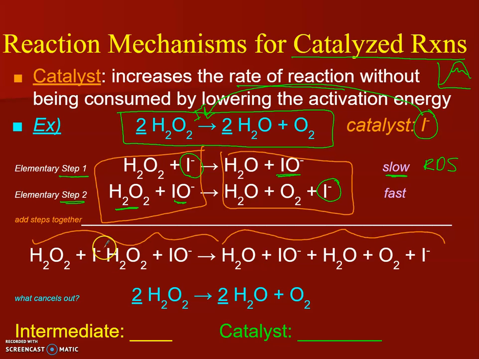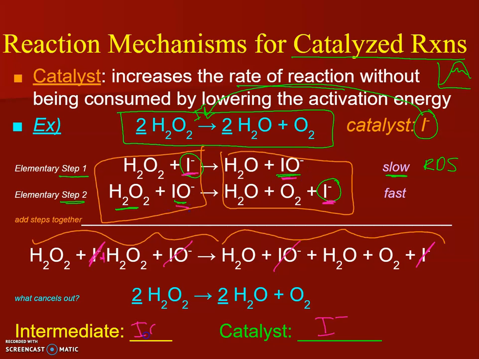We're going to see that, oops, there should be a plus there, the iodide ion is going to cancel out. That is going to be consumed in one part and then regenerated, so that's going to be our catalyst. And then our IO minus, or hypoiodide, is going to be our intermediate.